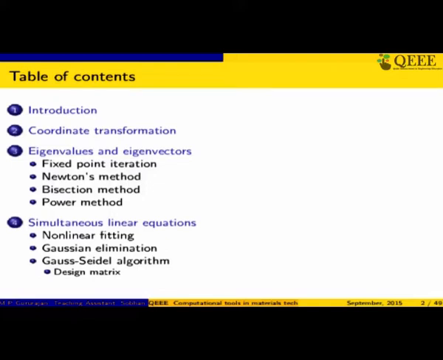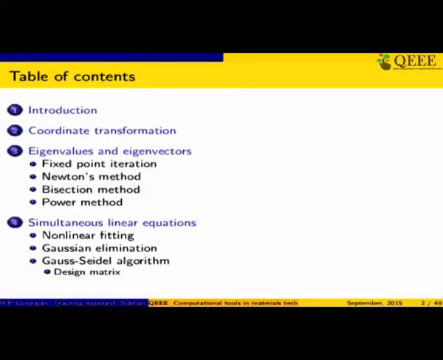While we look at eigenvalues and eigenvectors, we will also look at some methods like fixed point iteration and Newton's method and bisection method, etc., which are basically methods for finding zeros of a given polynomial. Okay. But they are also useful to get the eigenvalues of a given matrix. So we will look at some of these methods, and there is also a method called power method. So we will look at all of them, and this is with specific reference to getting eigenvalues and eigenvectors.